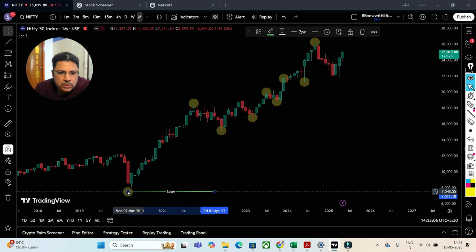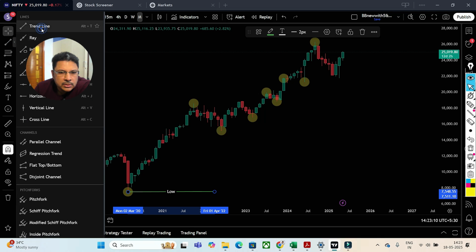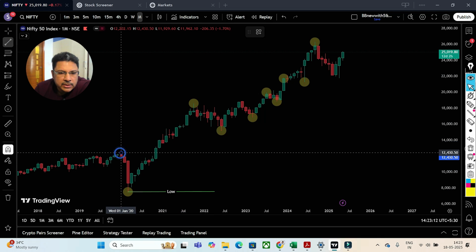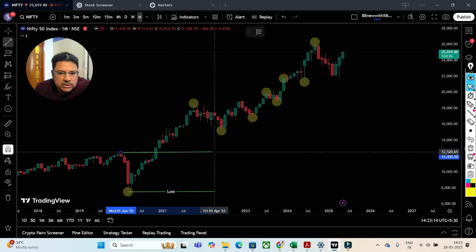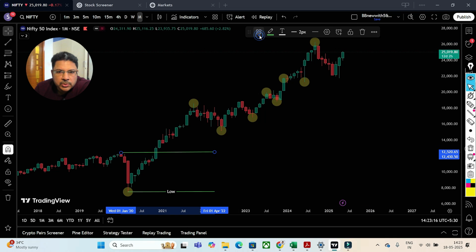After making this low, this was our previous high, right? So what was this point? This point was your break of structure. This was the previous high, this was the lowest point. When the market reversed from it and made a new high, this was your break of structure.